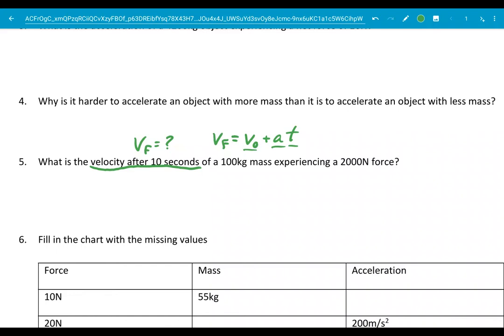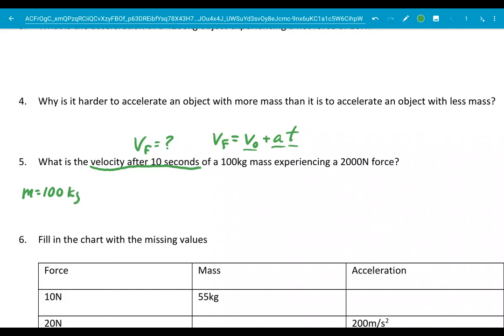In this question, it says, again, what is the velocity after 10 seconds of a 100 kilogram mass experiencing a 2,000 Newton force? So we'll write down what we know. We have mass is 100 kilograms.